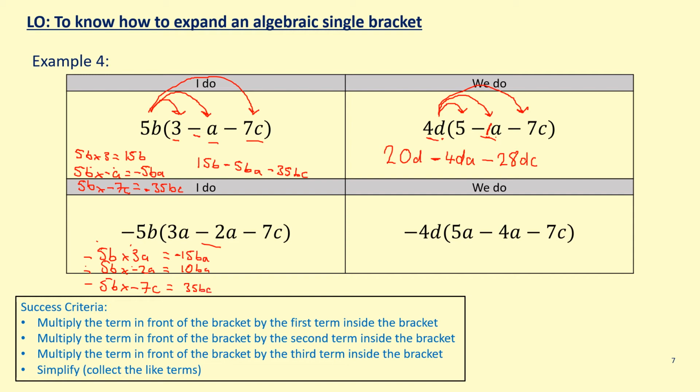But now we have minus 15 BA, add 10BA, add 35 BC. We need to group our like terms here. So we've got minus 15 BA and we've got an add 10 BA.